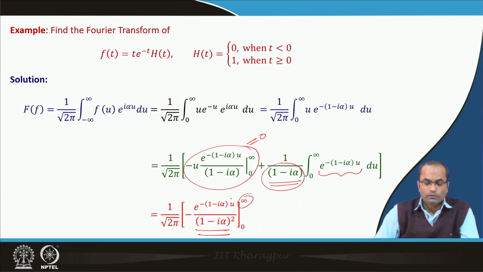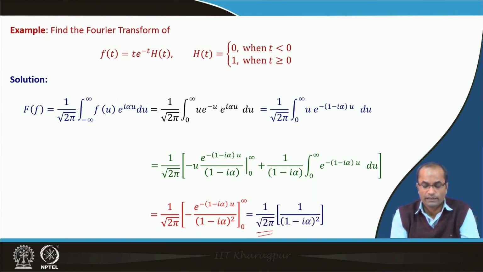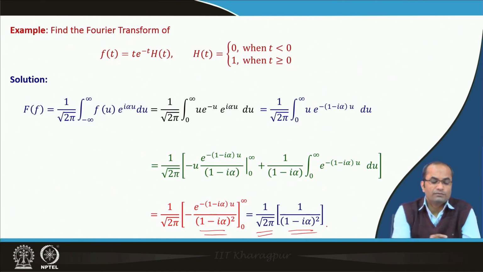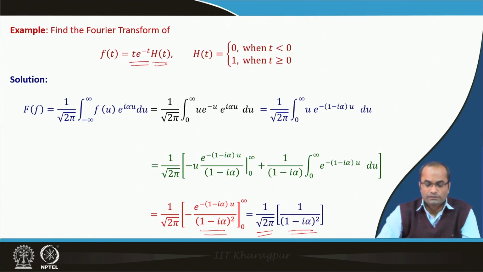When u approaches infinity, this will go to 0, and the only term we receive is when u approaches 0. Here e^0 is 1, and the minus sign is compensated, and we have 1 over the square root of 2π times 1 over (1 - iα) whole squared. So this is the Fourier transform of t e^(-t) times the Heaviside function.